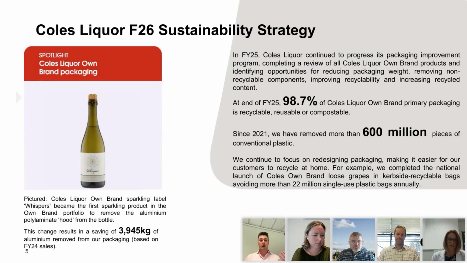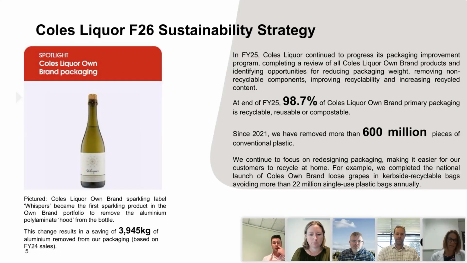That alone in F25, and we only made that change halfway through the last financial year. That change, that removal of hoods on 6 private label wines, resulted in the reduction of material by about 4,000 kilograms, which is quite significant considering how light that part of the packaging is.